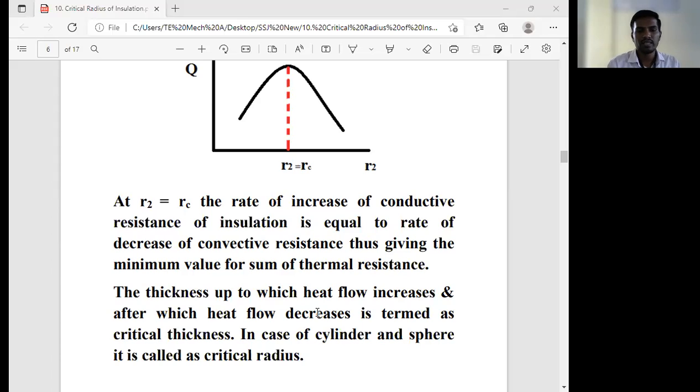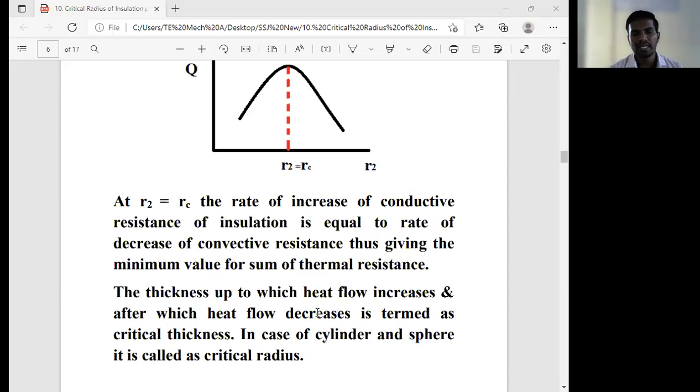Okay, so all of you write down: the thickness up to which heat flow increases, and after which heat flow decreases, is termed as critical thickness.